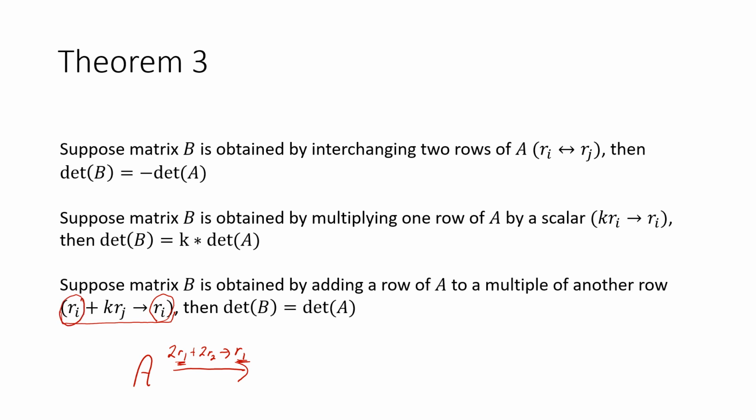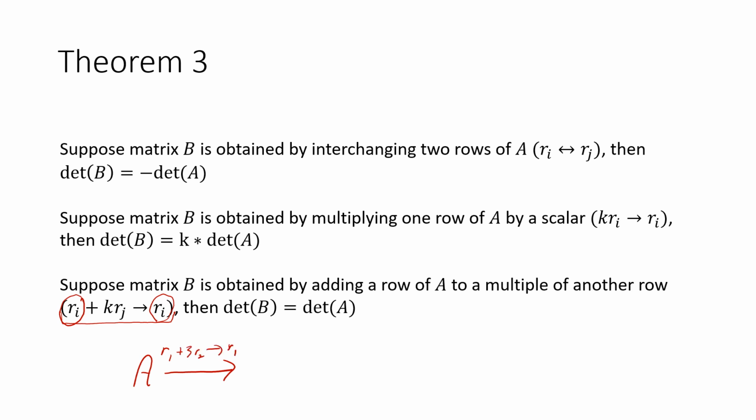When you do this, what you are technically doing is two row operations together. You have to be careful about this. What you're doing is the second row operation followed by the third type of row operation. So when you are doing row operations and following through for the impact on determinants, you will do things like A becomes row 1 plus 3 row 2 is the new row 1.